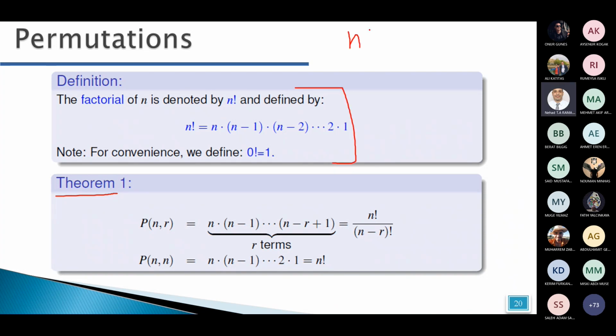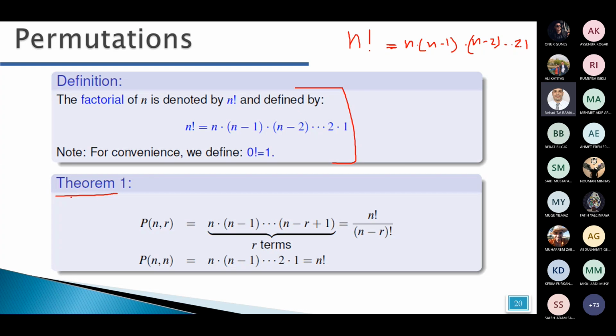N factorial is n multiplied by n minus 1 multiplied by n minus 2 until you reach multiplied by 2 multiplied by 1. So this is n factorial.